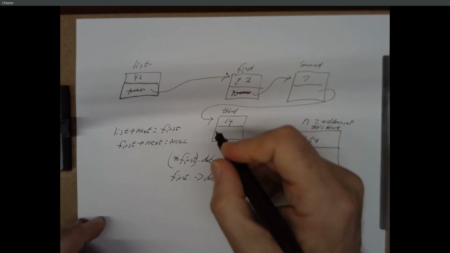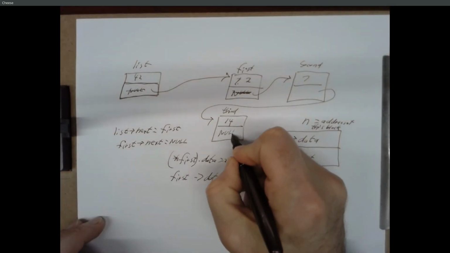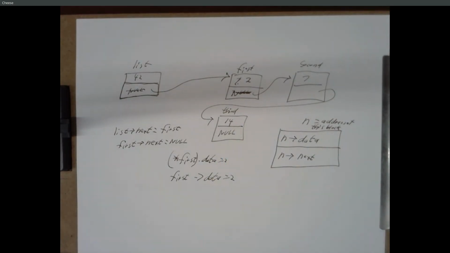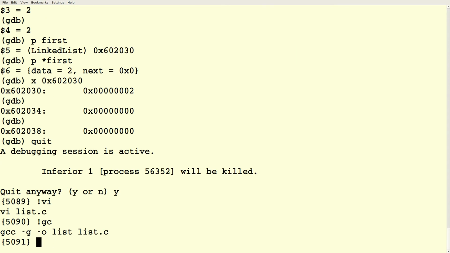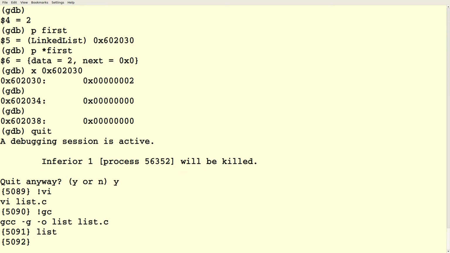And this is going to be our last node, so I'm going to set third next equal to null. Well, that should give us a list of 3 nodes. So no seg faults, that's good. Let's run it in GDB.